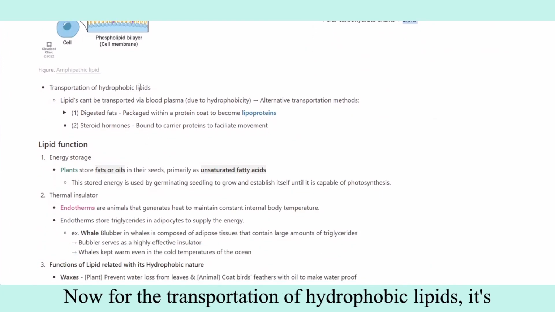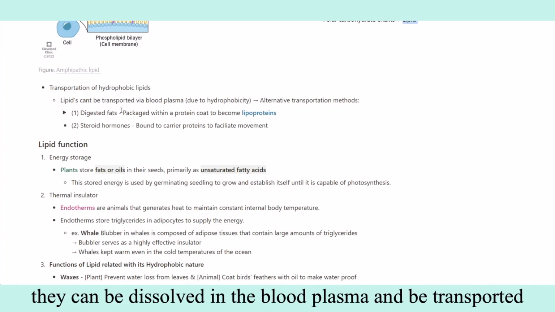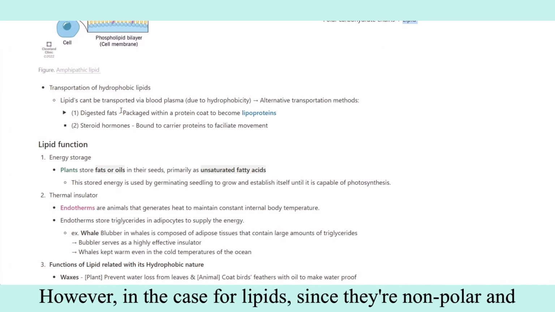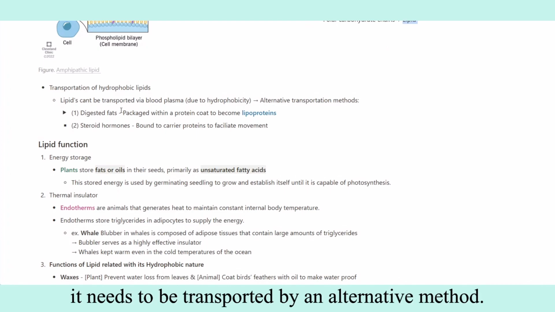Now, for the transportation of hydrophobic lipids, it's important to notice that polar materials can be dissolved in the blood plasma and be transported throughout our body easily. However, lipids are non-polar and cannot be dissolved in our blood plasma, so they need to be transported via an alternative method.